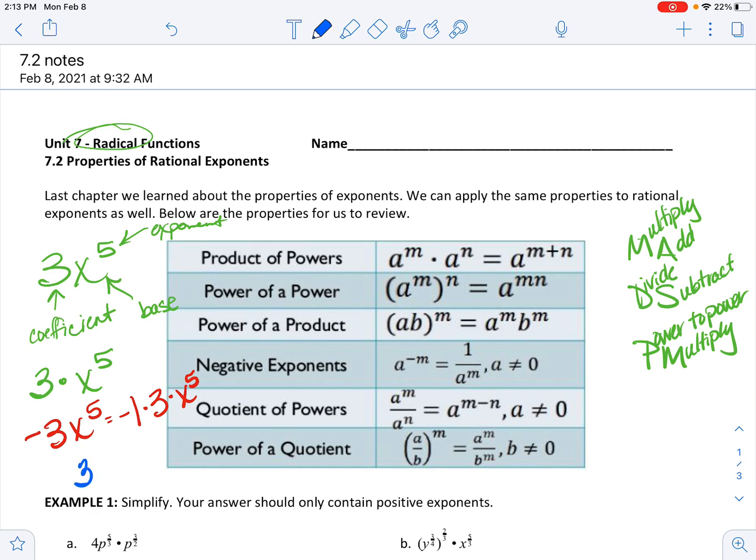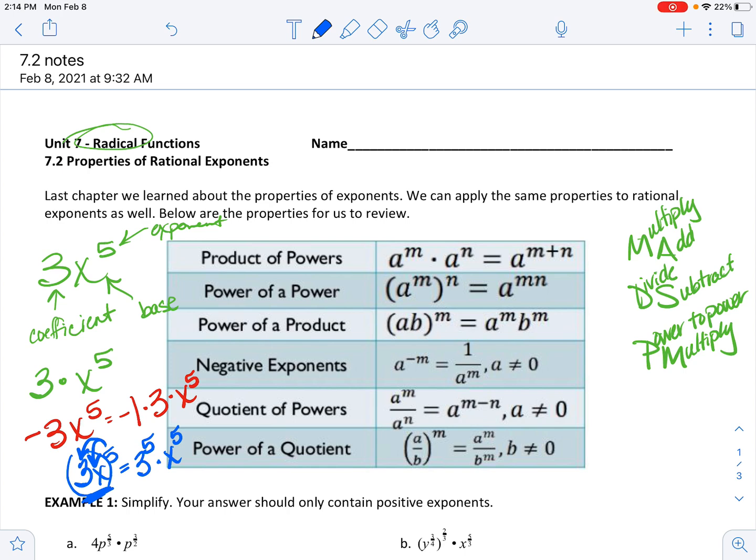If I put (3x) to the 5th with parentheses around it, this is saying that the 5 applies to the 3 as well as applying to the x. And so this is going to be 3 to the 5th times x to the 5th, because in this case, the base is 3x, raised to a power of 5.